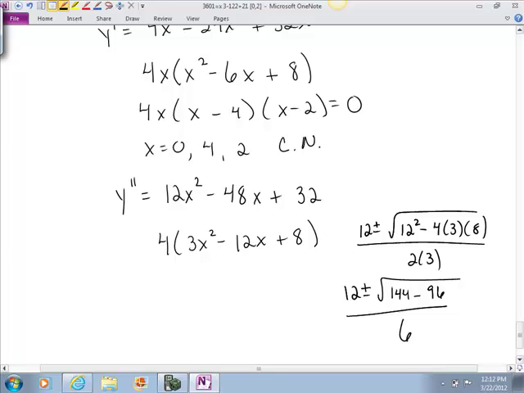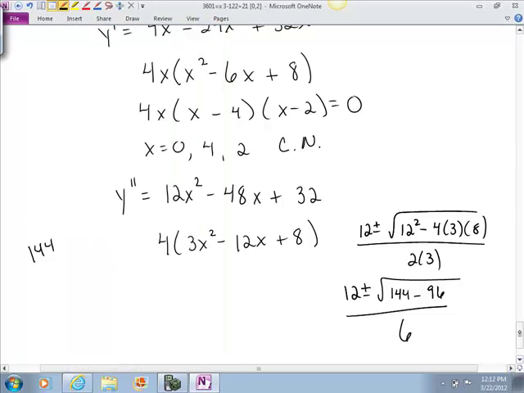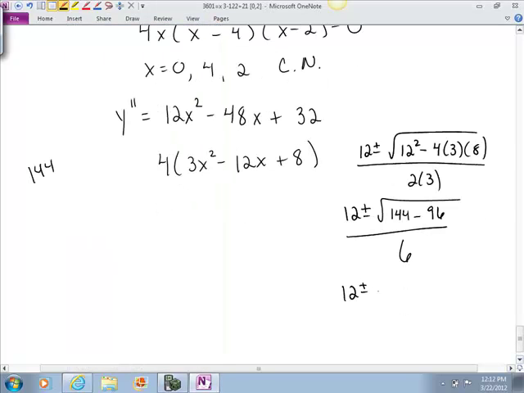Okay, 144 minus 96. I'm not thinking right now. 144 minus 96. 48. Yeah, so it didn't factor. Okay, so this is 12 plus or minus the square root of 48 over 6. And 48 is 16 times 3. So this is 12 plus or minus 4 times the square root of 3, divided by 6.